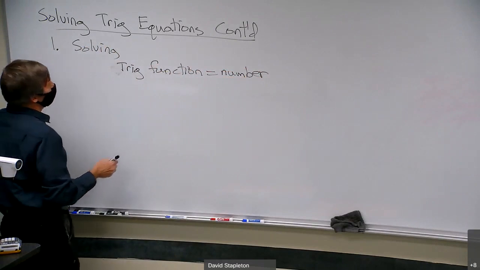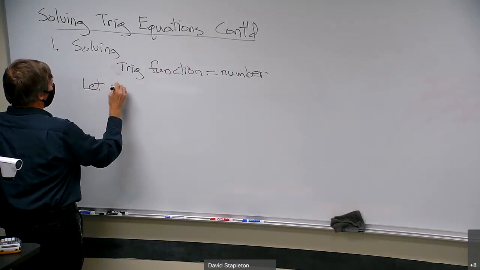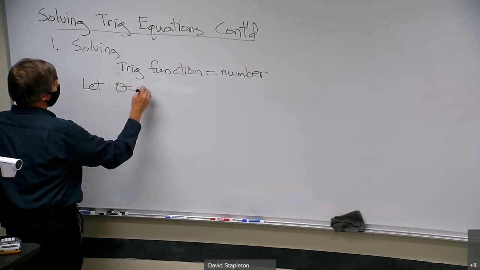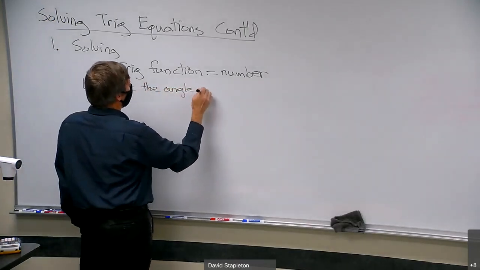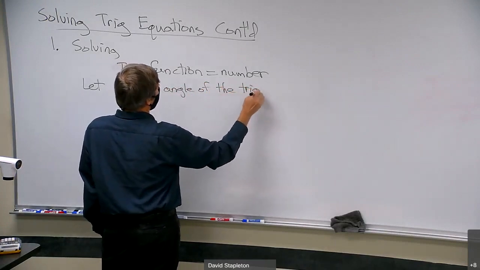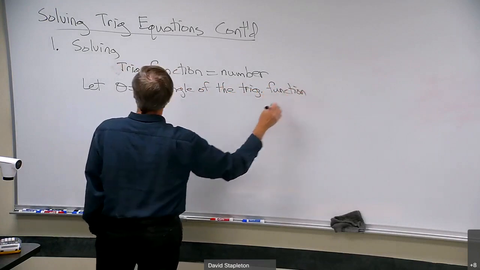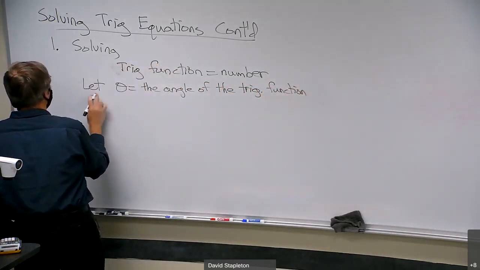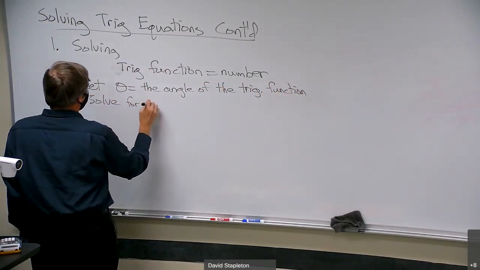And to solve these, what we do is let theta equal whatever angle is in the trig function. And then we can solve for that on the unit circle, right? Using inverse trigonometry. Solve for all possible theta.